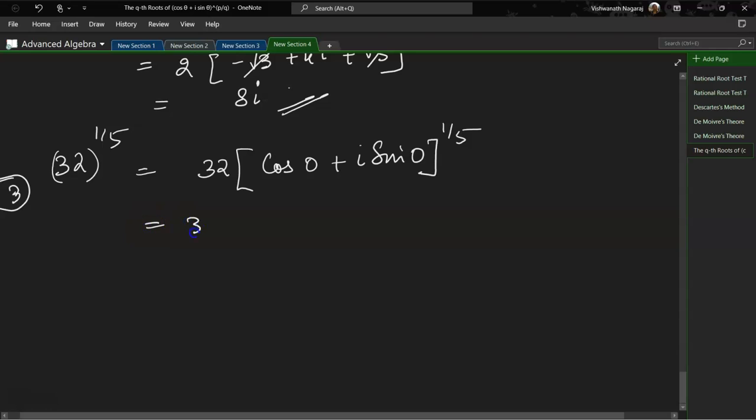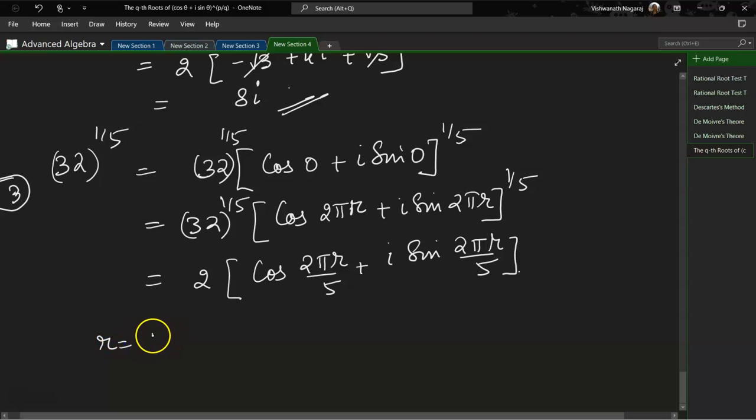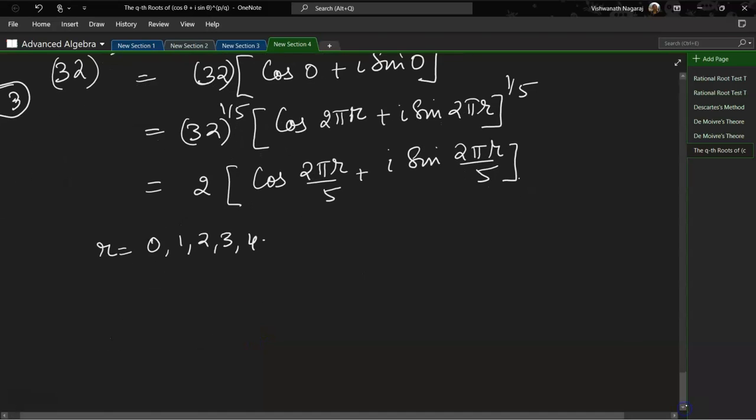Now this can be written as 32 to the power 1 by 5, times cos 0 plus 2 pi r plus I sine 2 pi r, to the power 1 by 5, which is equal to 2 times cos 2 pi r by 5 plus I sine 2 pi r by 5. Okay, so r will be 0, 1, 2, 3, 4 because we are talking of the fifth root.